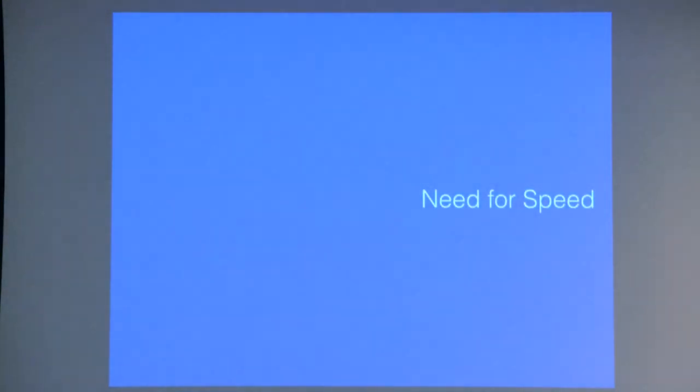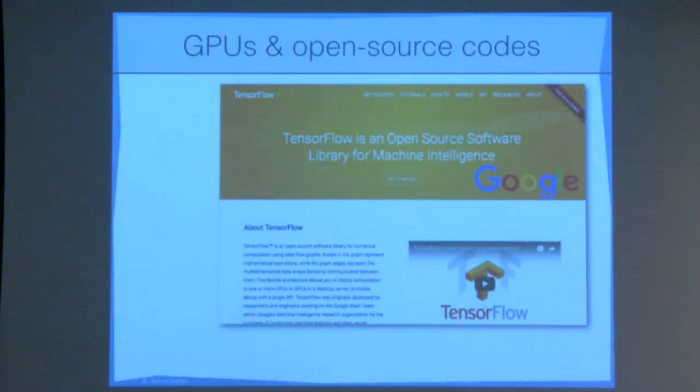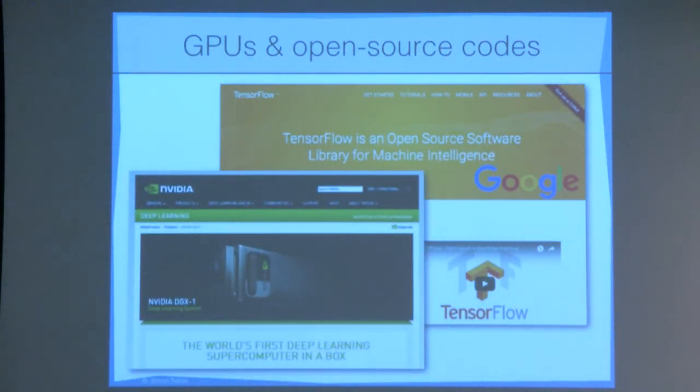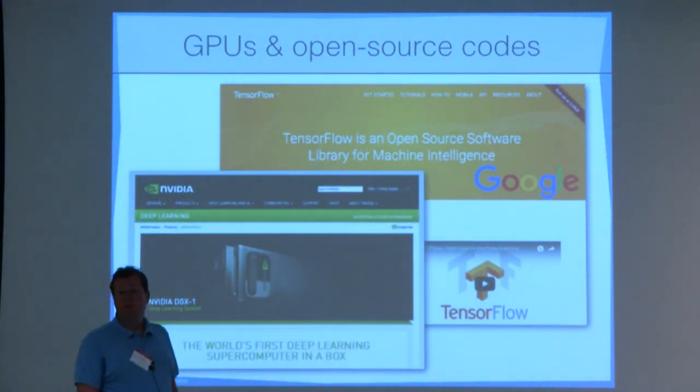Okay, so I'm 5 minutes over my time, so it's need for speed. Last slide, and it comes to the question that was raised here. Someone said, this is all simple stuff, it's all matrix multiplications. Yep, that's right. That's why there are a lot of open source libraries like the one from Google called TensorFlow that will allow you to play Lego with neural networks, take different convolutional layers, play with them and put them onto NVIDIA's latest hardware, graphics processors.